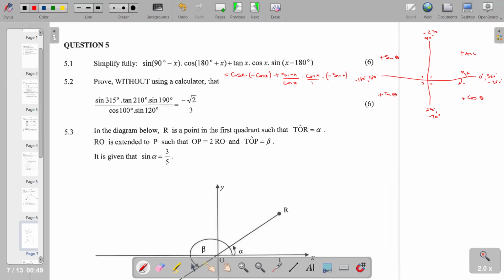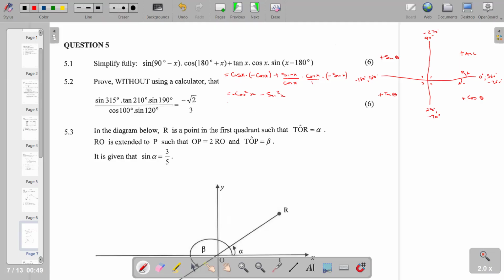Then we have to simplify that. So our final answer is going to be equal to cos squared x, which is negative, then plus this positive and this negative is going to be negative sine squared x.